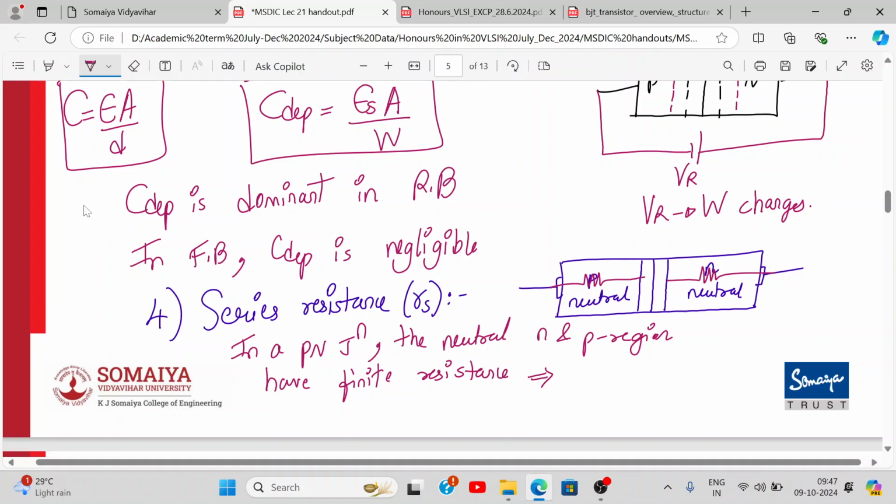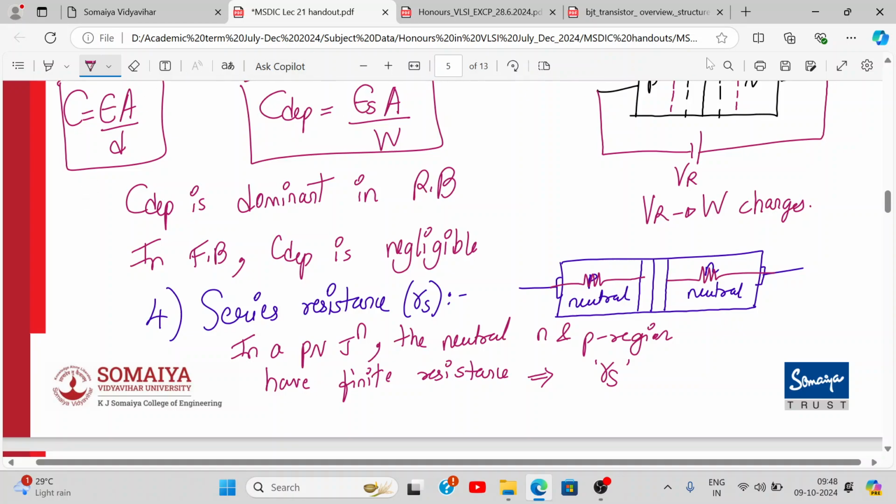Okay, so we combine both the N and P region resistances and call it R_S. Understood or no?